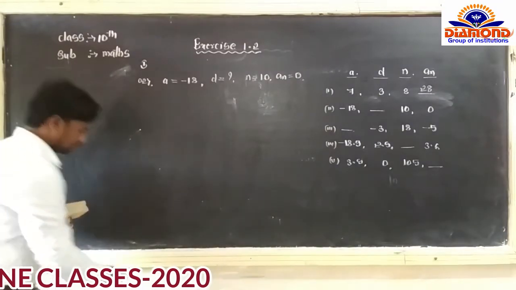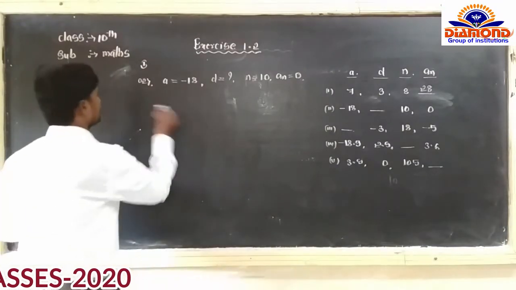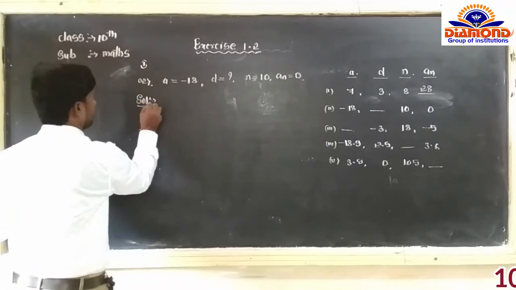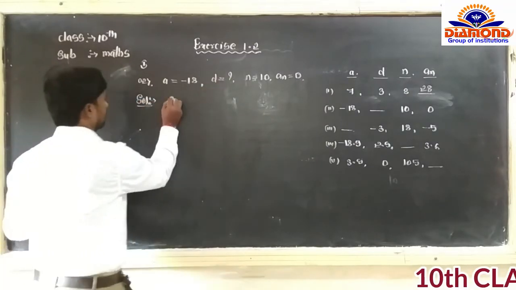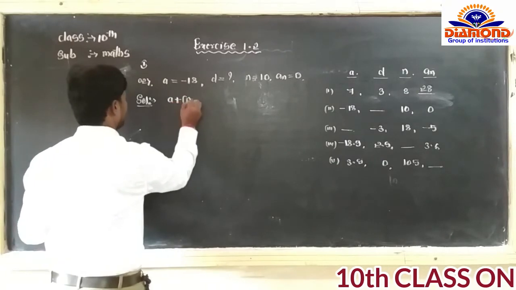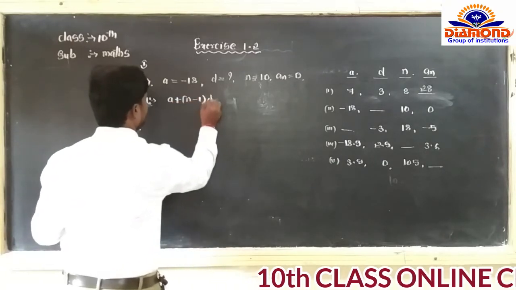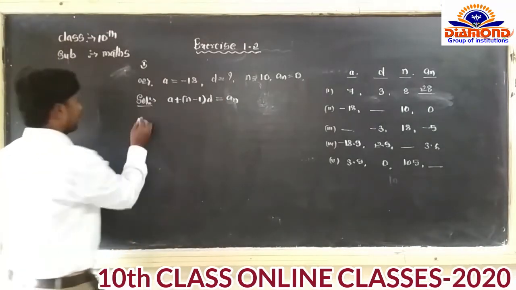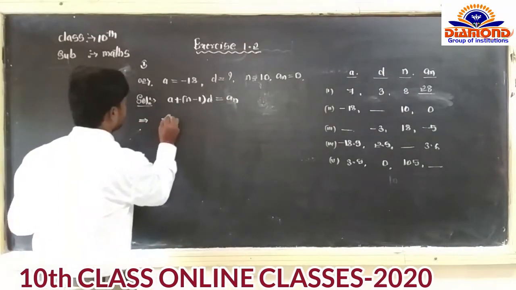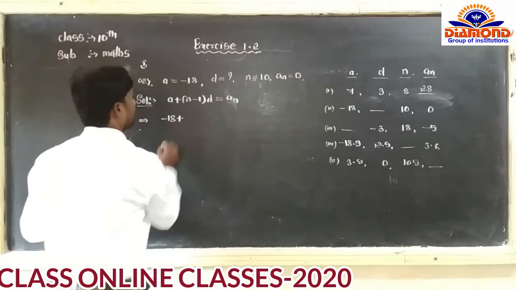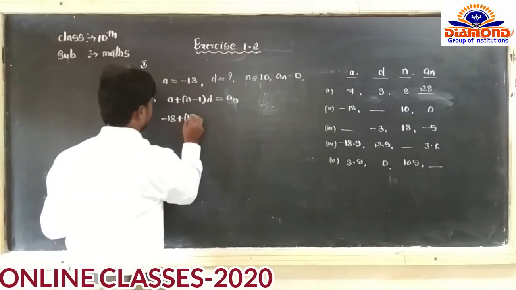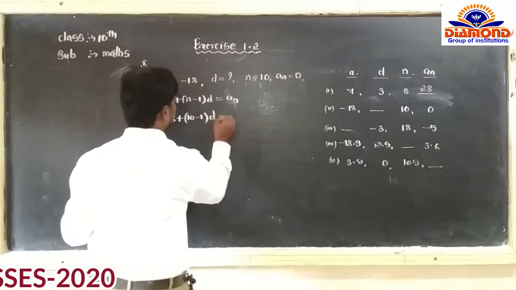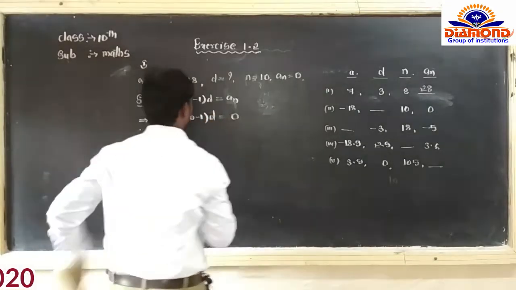Okay, so let us go to the next step here, solution. An is already given, that's why a plus (n minus 1) d is equal to an. I wrote the formula like that. So next step, a is minus 18 plus n value we know that is 10 minus 1, and the common difference we are finding, an equal to we got 0.